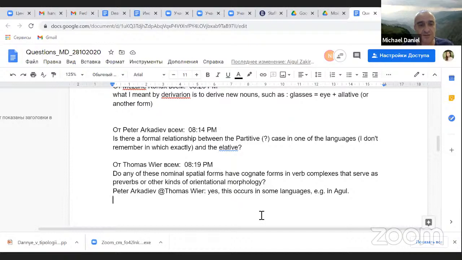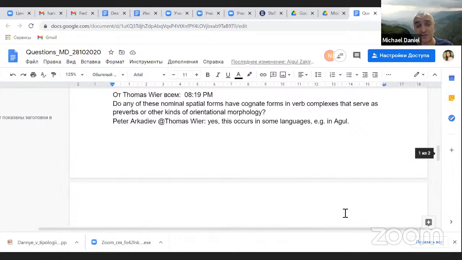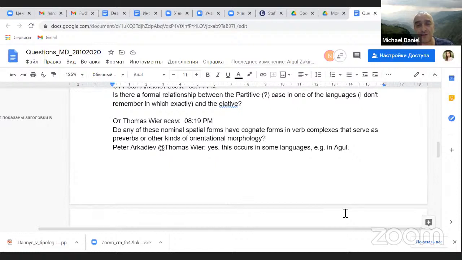Yeah, no, it formally looks like a combination of an inter and lative. So it's not an elative. So there is only a formal similarity, and I wouldn't even insist that sh in the syntactic case, kish, is related to lative at all. But very frankly, I don't remember the functions of the partitive in Archi because that's a very rare case. It's not commonly used. It's not the partitive as we know it from European languages.